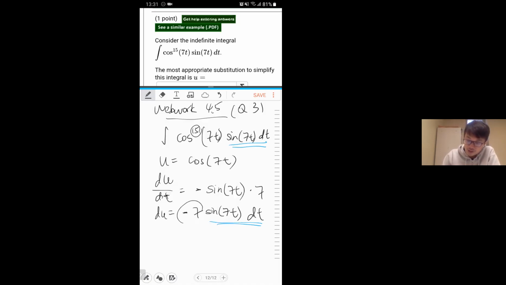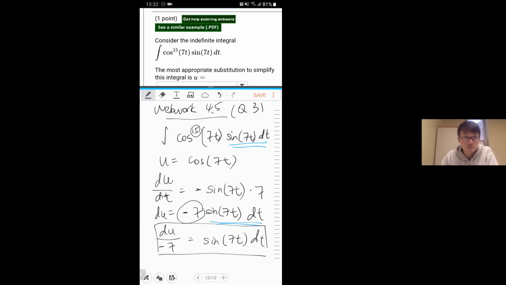So I'm going to divide everything by negative 7, and you get du divided by negative 7 equals sine of 7t dt. Is it okay?